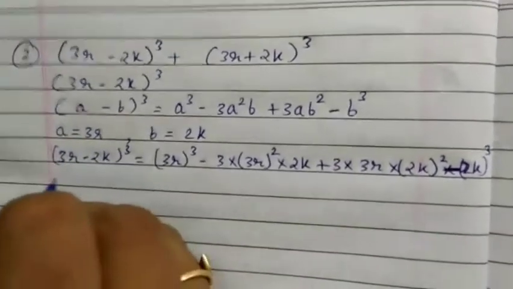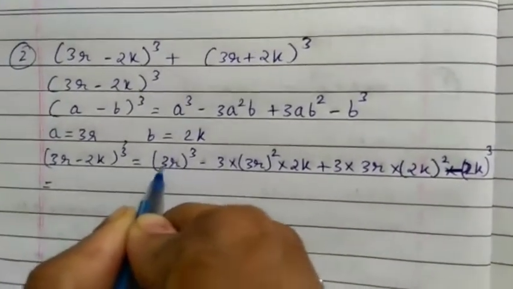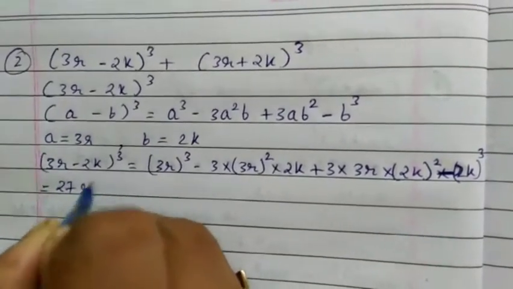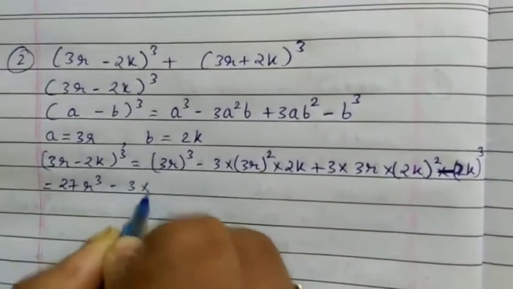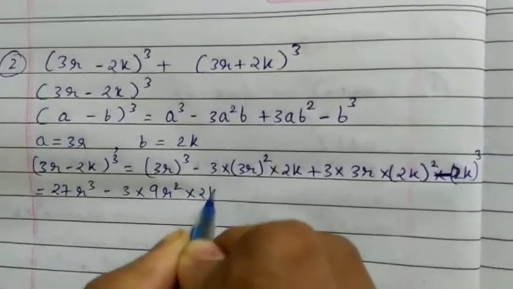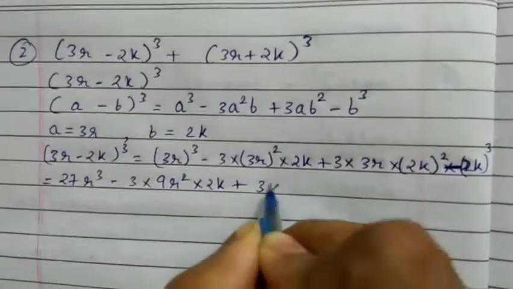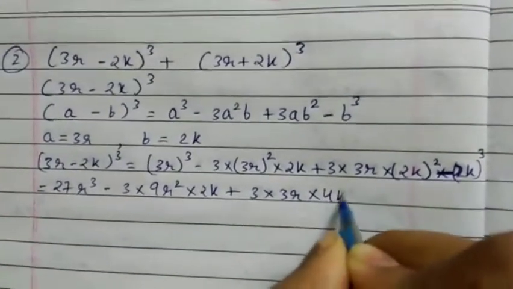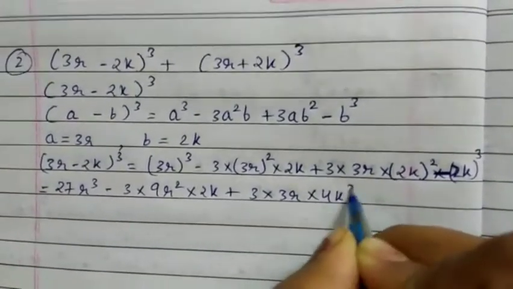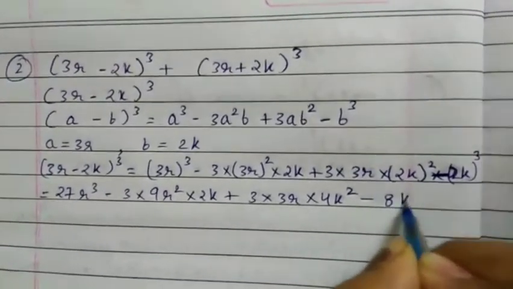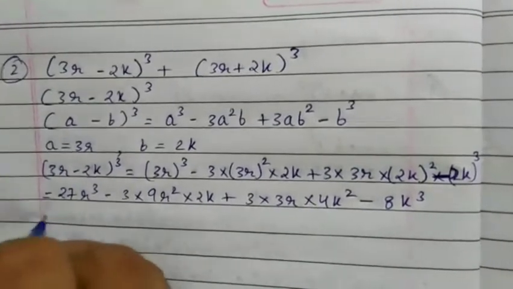Okay, now we have to simplify it. So it will be 3's cube, 3 threes are 9, 9 threes are 27. So 27r cube minus 3 into 3 square, 9 r square, into 2k plus 3 into 3r into 2 square, 4 k square, minus 2's cube is 8 k cube.